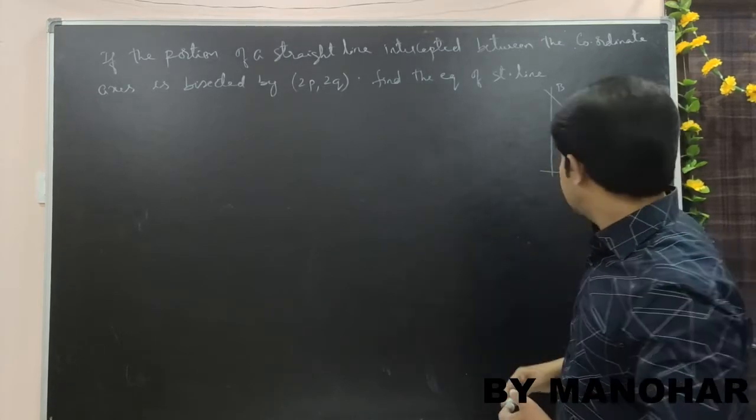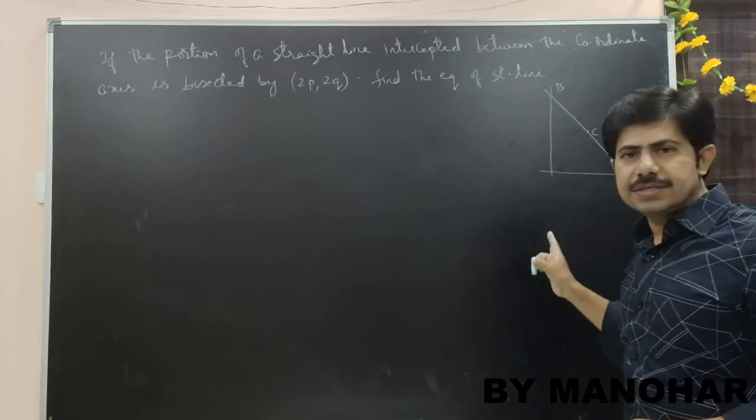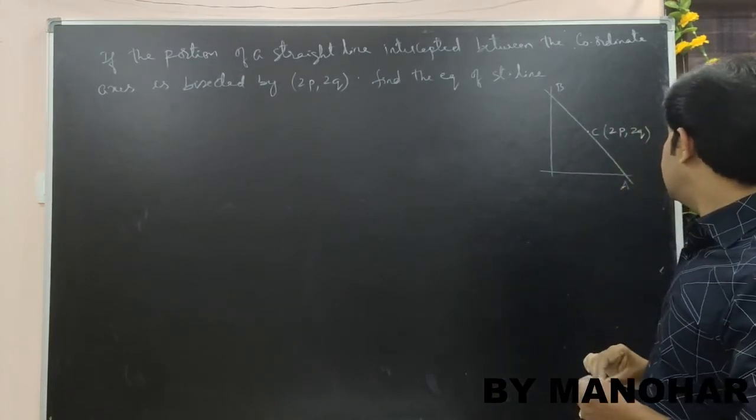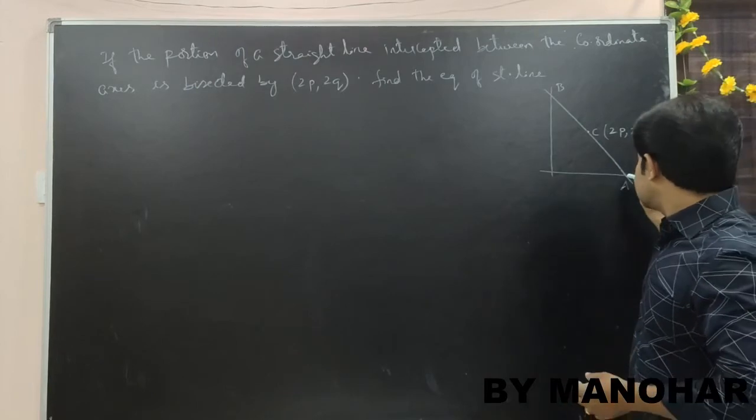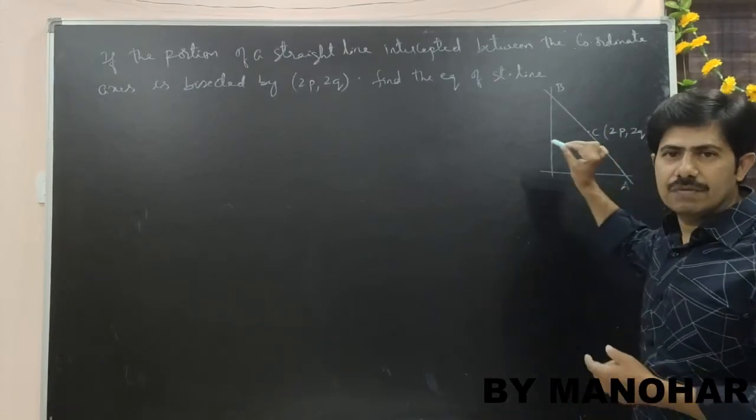Bisected means here C is the midpoint of AB, right? C is the midpoint of AB.